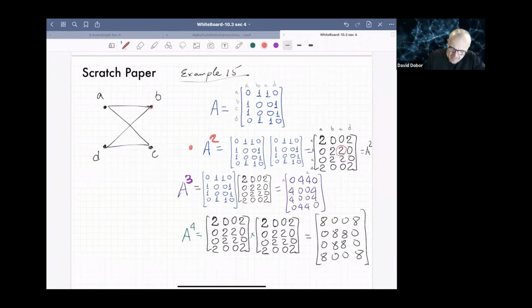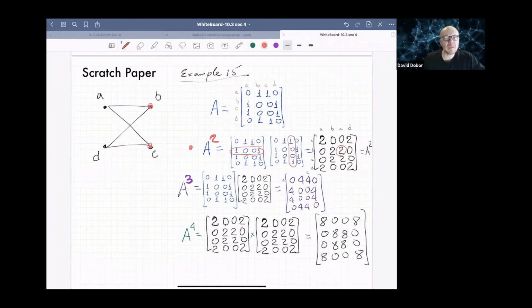So here's B, and here's C, and I know that I have 2 paths. This guy, and this guy. This one path, the second path. So I have 2 paths, and the way I computed this 2 was to take this row and multiply it by this column.